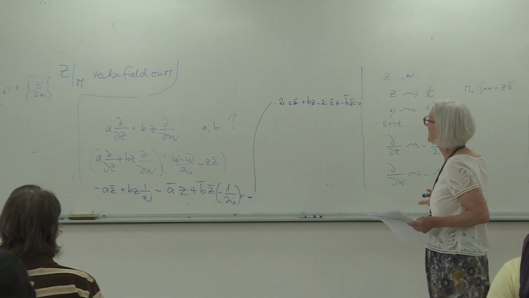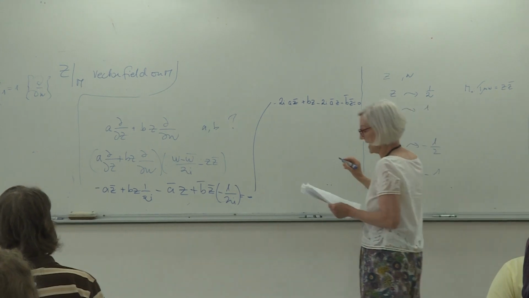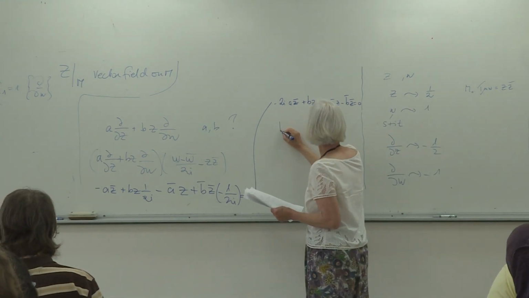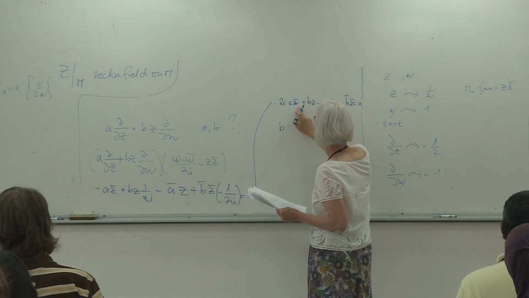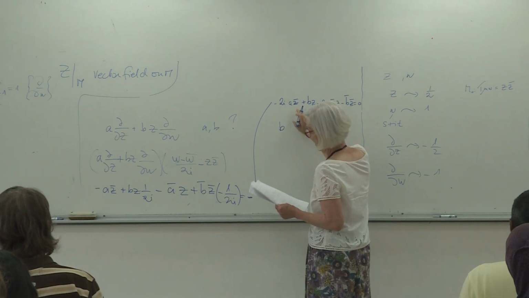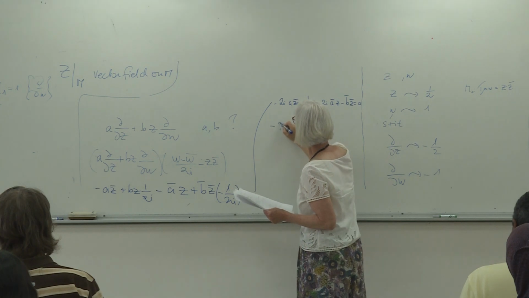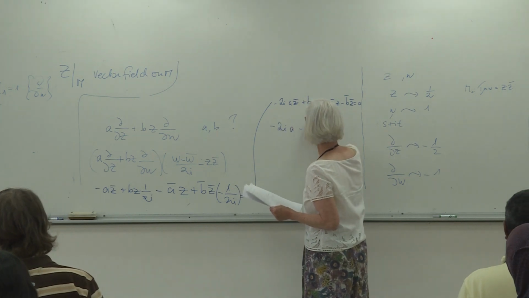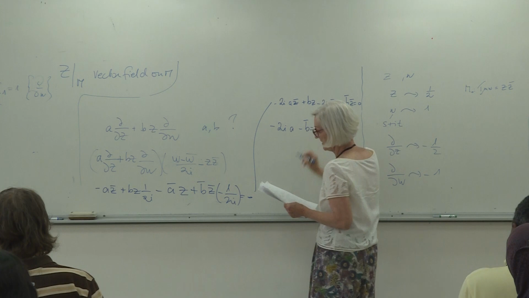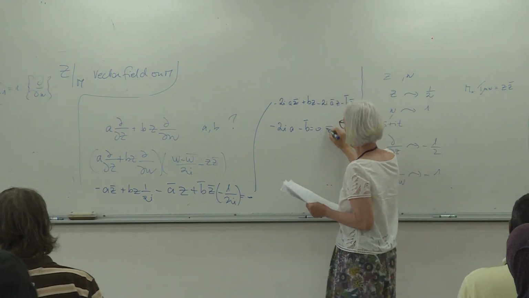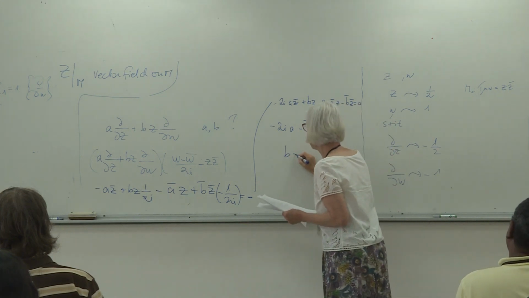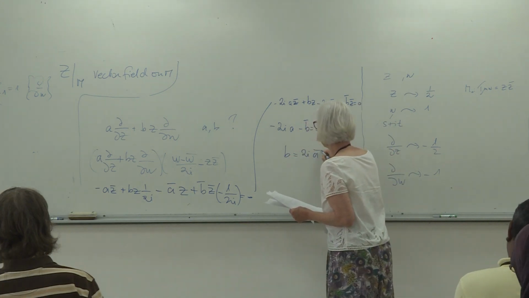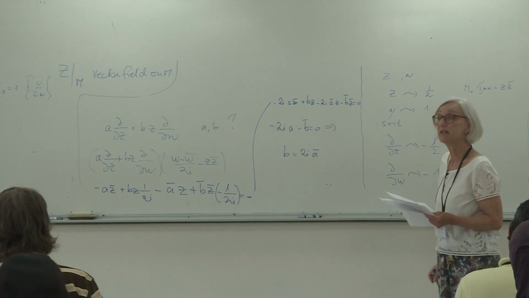That means that all the Z bar has to disappear, so you get B, the Z bar, where are they? Minus 2IA minus B bar is equal to 0, right? And then it implies, and nothing else because it's the same, you get B is equal to 2I A bar, right?